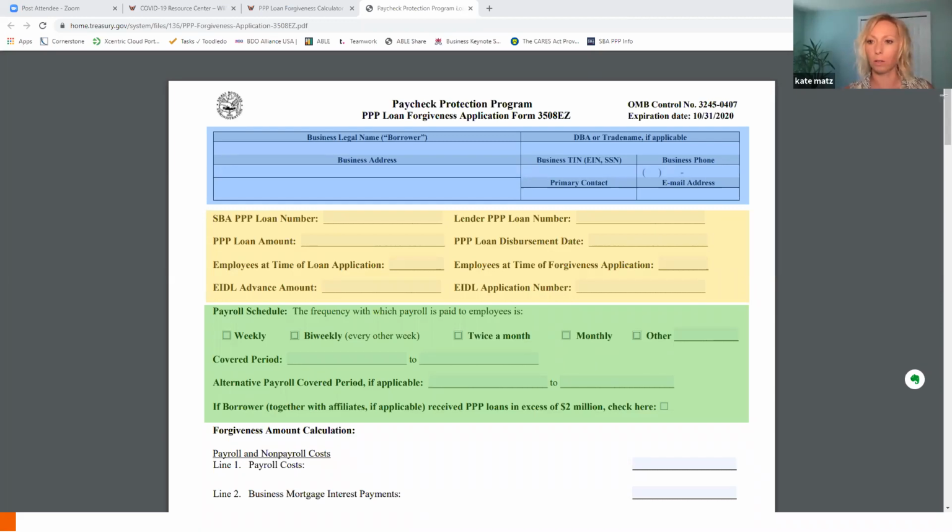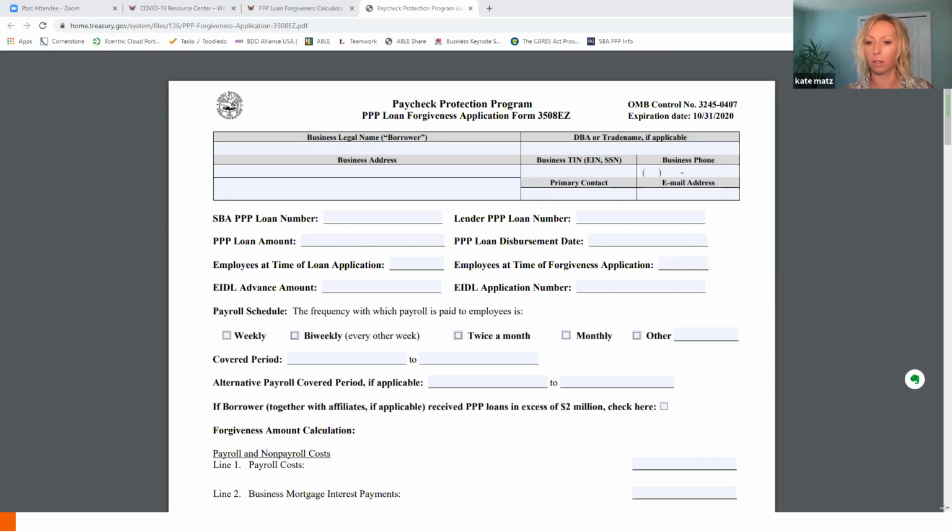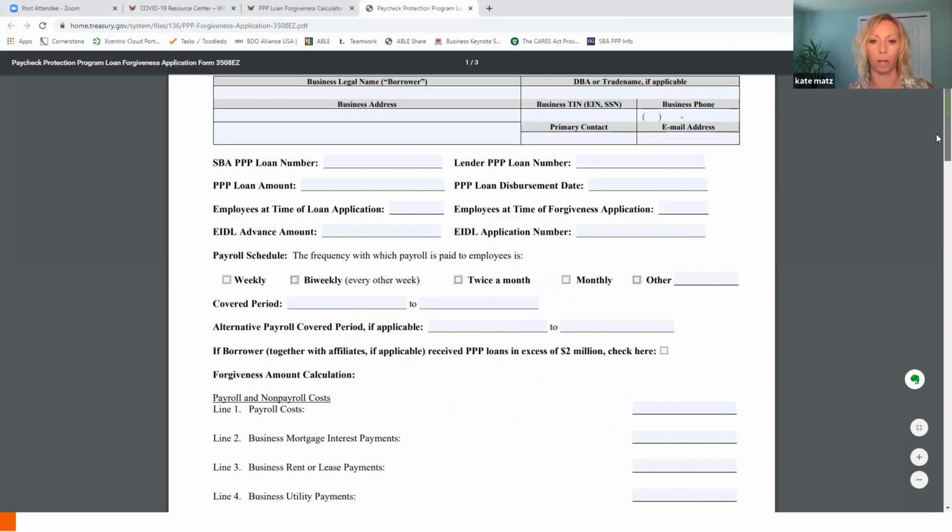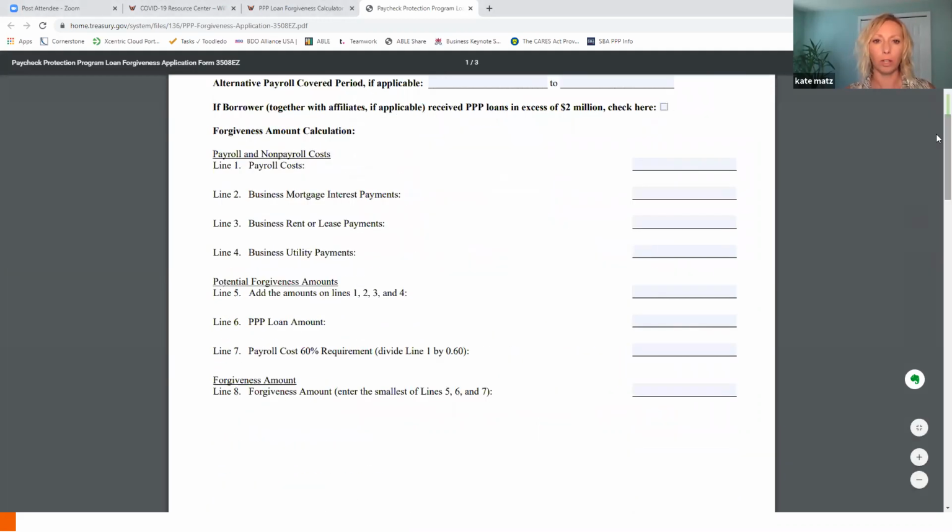All right, let's scroll down here then and take a look at the dollar amounts that you'll have to plug in. Okay, so this should look pretty familiar, as these are exactly the lines that we walked through on that output page of the calculator, and they'll just flow right over.